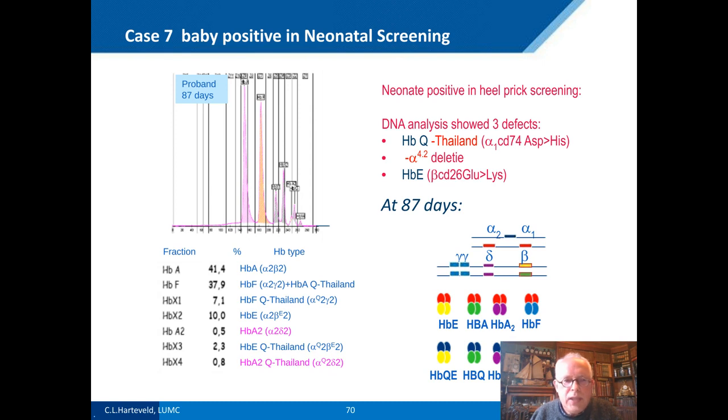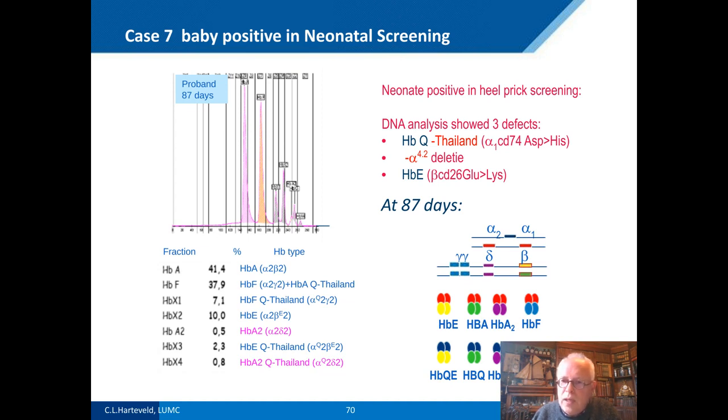So we look at the next slide. This is a situation of the same baby, but then at 87 days after birth. And you see a changing of the pattern. This is, of course, visualizing the switch, because in the meantime, the delta has come up, the gamma expression goes down, and the beta is going up.